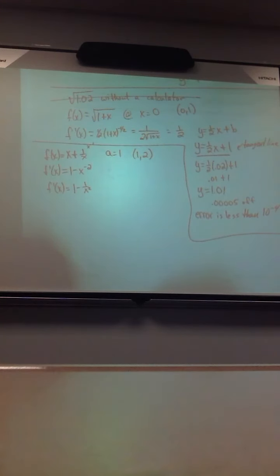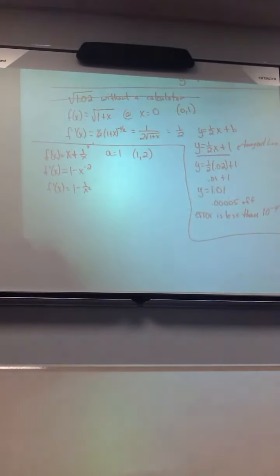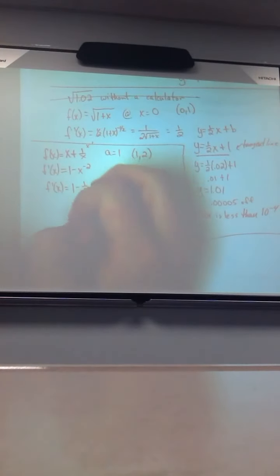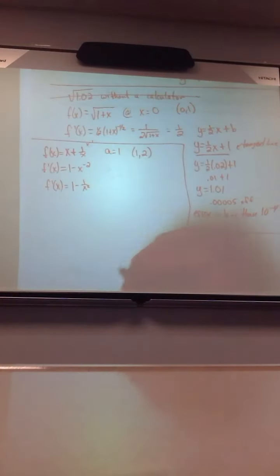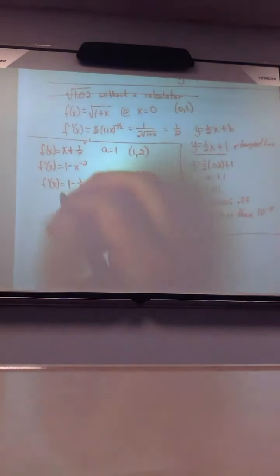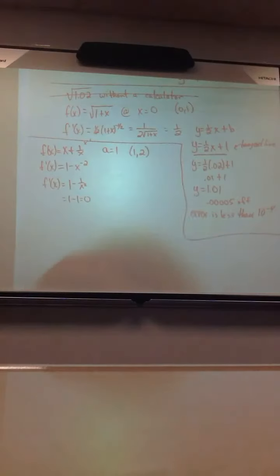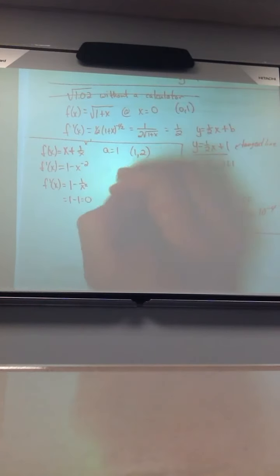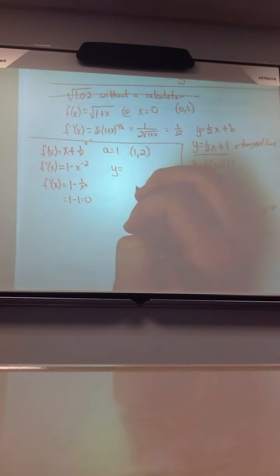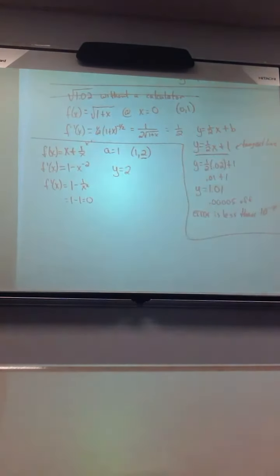Make sense? If I plug in 1 for x, what's my slope? 0. Yeah, 1 minus 1 is 0. So what's my equation of my tangent line? Y equals 2 is my tangent line.